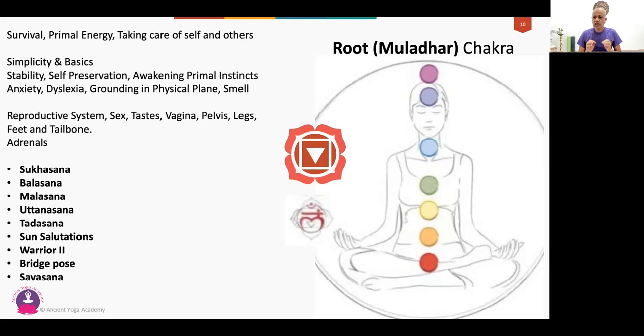But there are certain particular health issues people have, or in a therapy, we give a certain specific location or localized posture or localized treatment. And there are certain ways you can work directly and specifically on the root chakra.